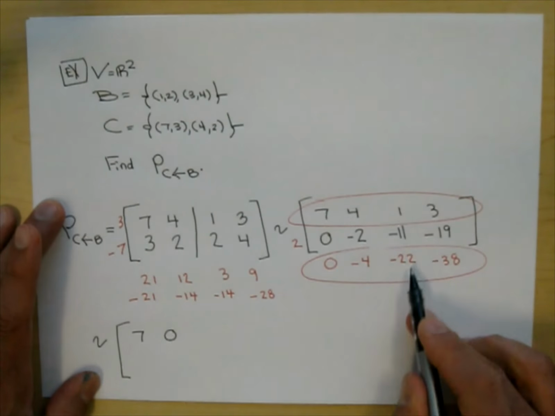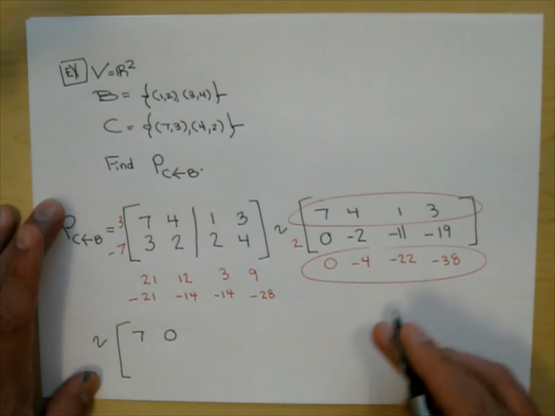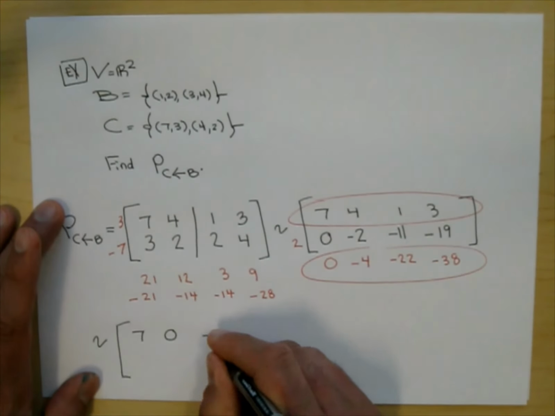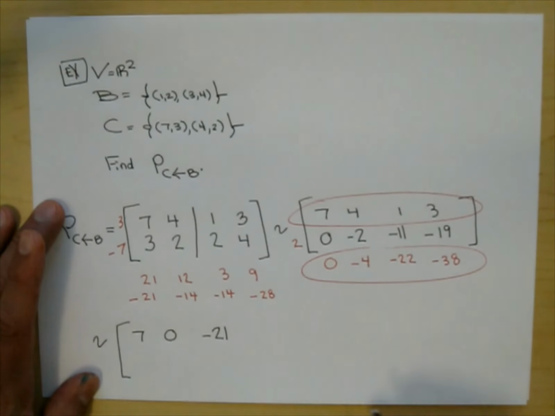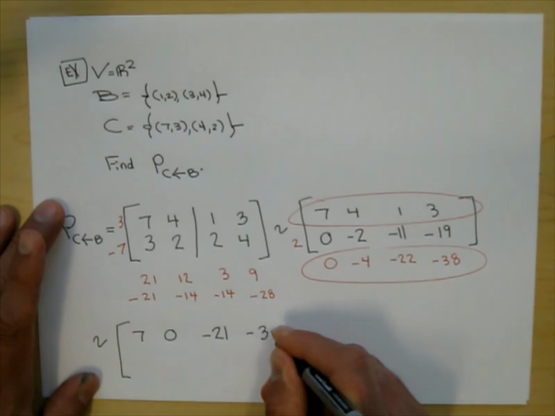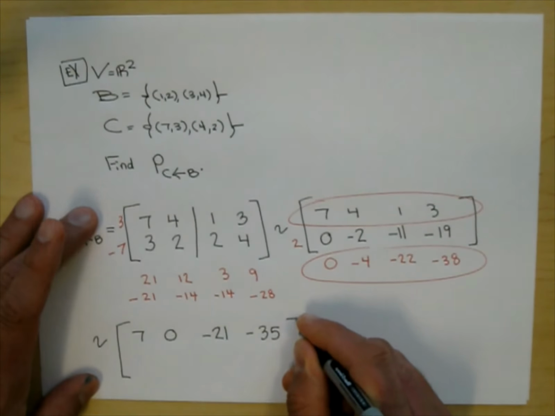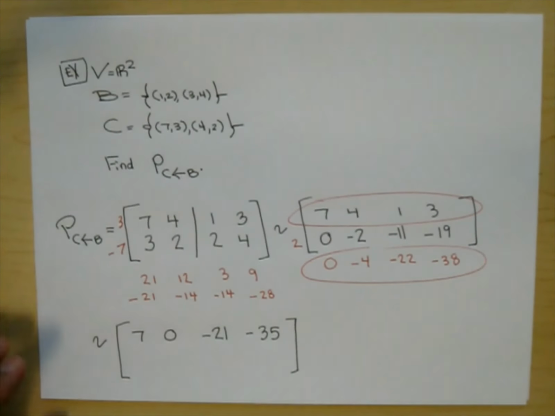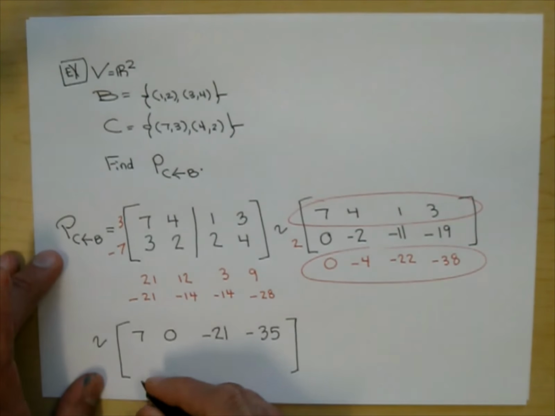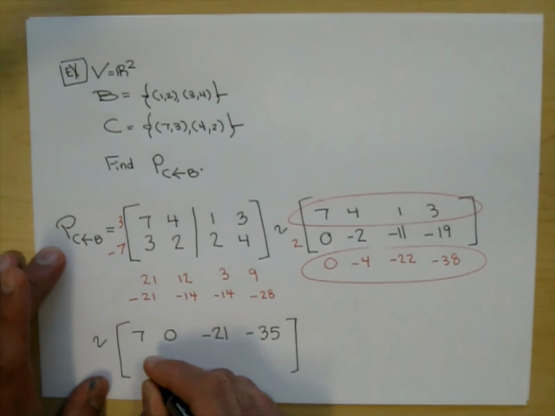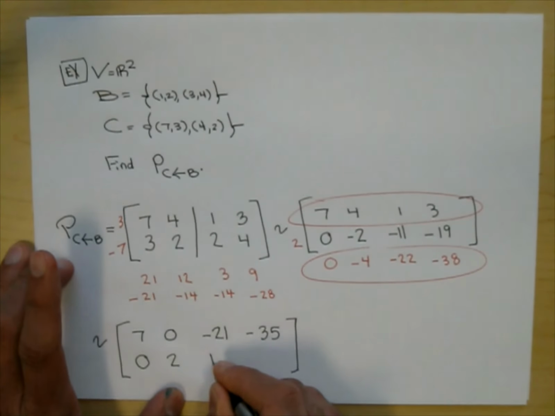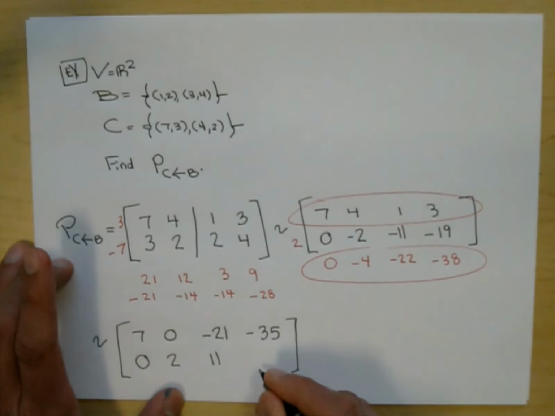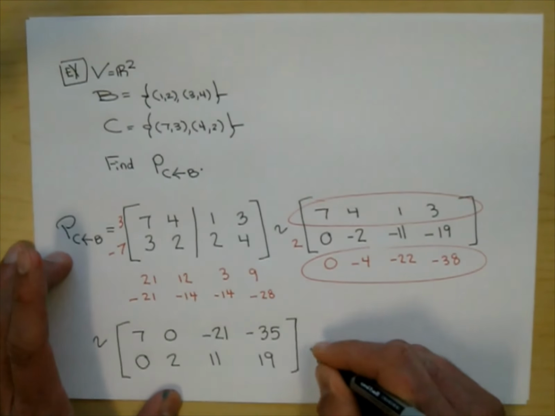This is going to give me -21, and -38 plus 3 is going to be -35. All those numbers in row 1 are divisible by 7. That's happy news there. Row 2, well, I guess I'll just write the positive parts of those, multiply that by -1, so we have that.